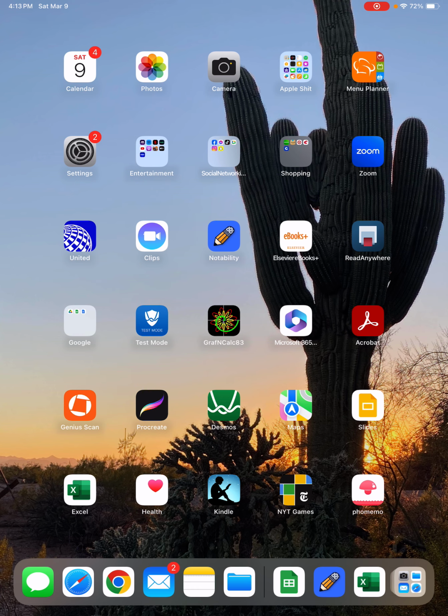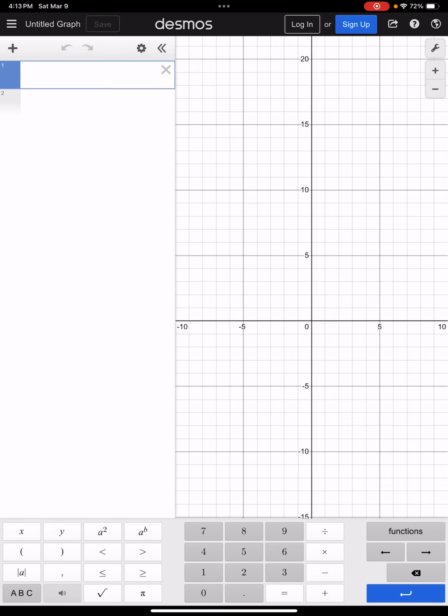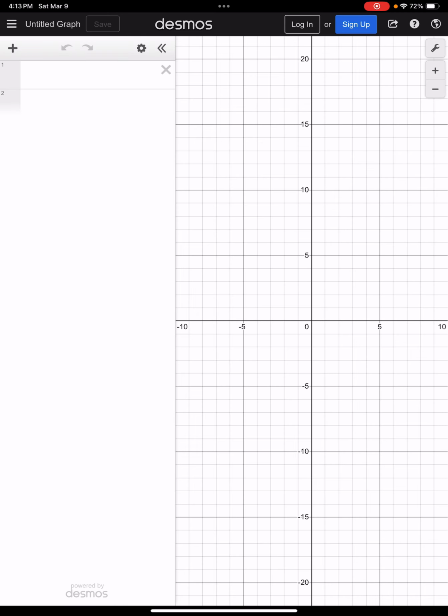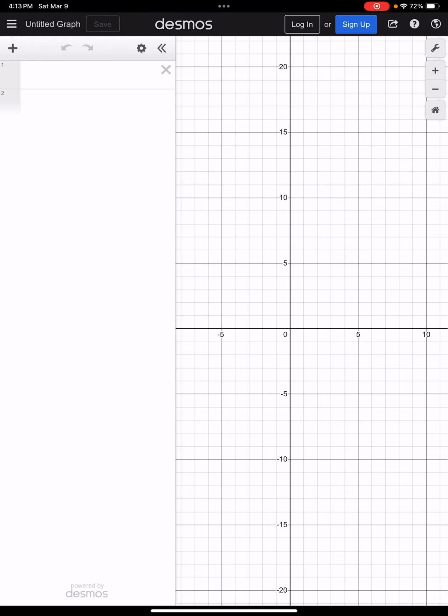Google. Here it is. There's just so many apps. Yeah, so this is the graphing calculator. Let me see if I can change it. It doesn't matter. Graphing is fine, but yeah, I don't see how I can change it.